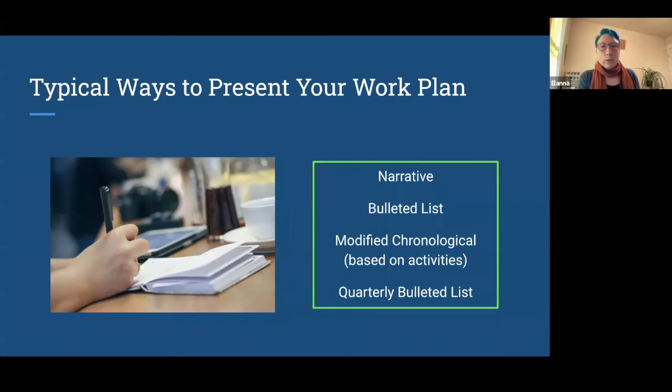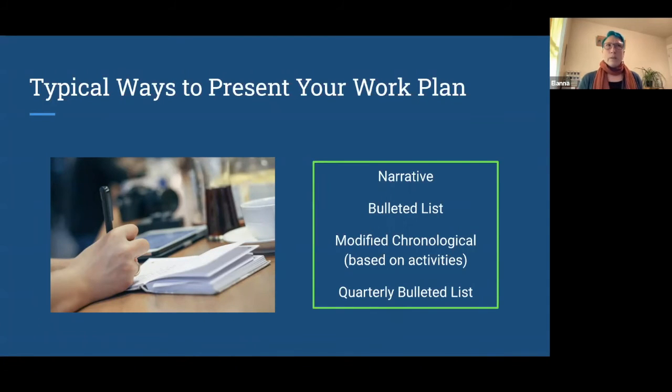Typical ways to present your work plan. You could present your work plan in a narrative, a bulleted list, modified chronological, so based on the activities that are going to happen, or based on a quarterly schedule with a bulleted list. These are just some examples to visually organize what your work plan is going to look like in writing for your funders and anyone receiving this information.